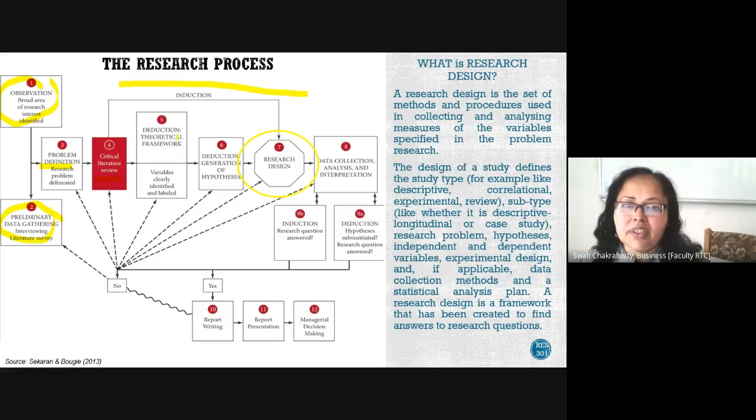From there you design your theoretical framework, where you clearly identify the variables which are required for your research, and then you deduce your hypothesis. Once you deduce your hypothesis, you have to design the right kind of research design.